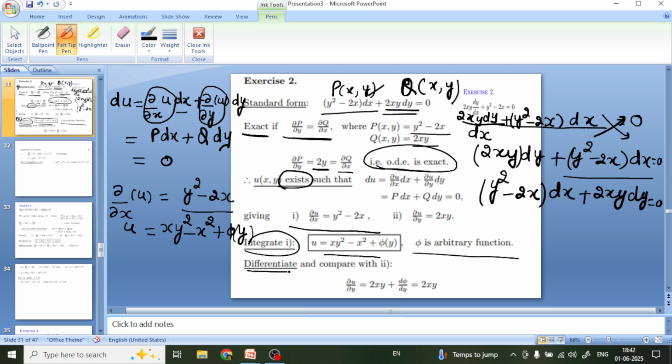Now we have to differentiate and compare with the second.